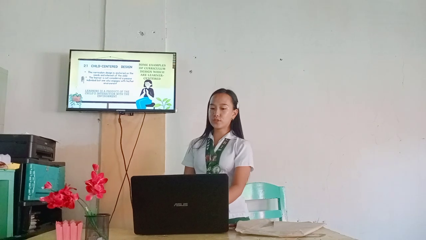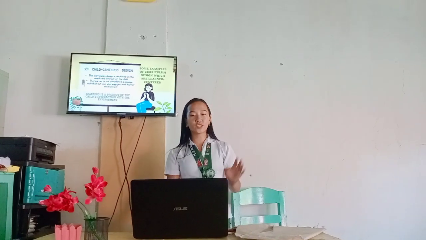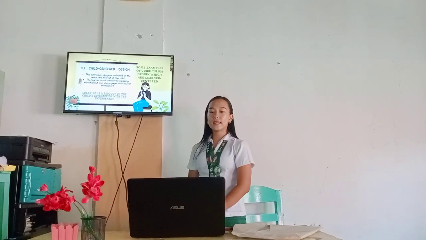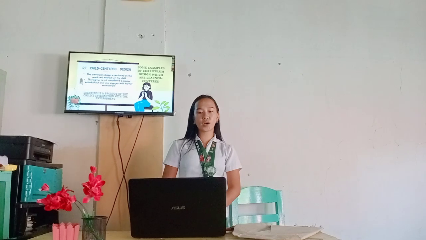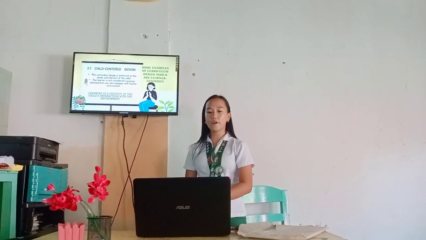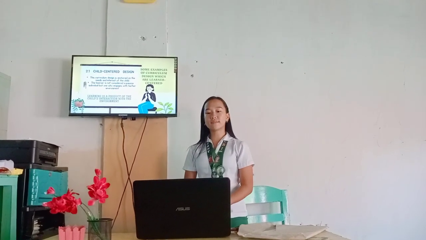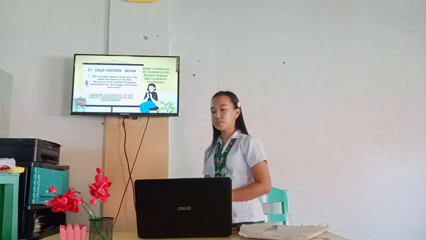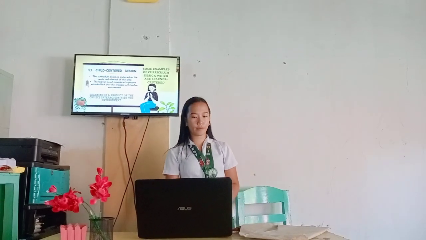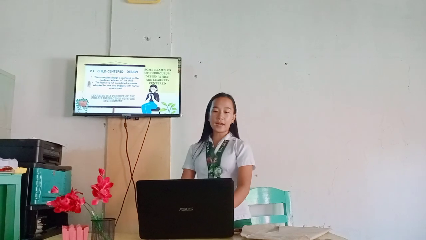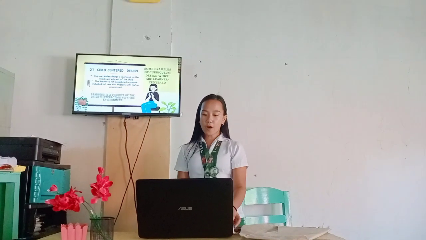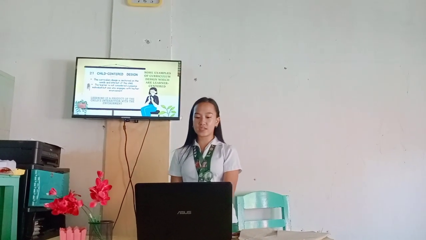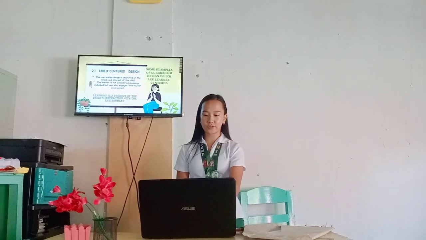So, first we have the child-centered design. This curriculum design is anchored on the needs and interests of the child. The learner is not considered a passive individual, but one who interacts with his or her environment. So child-centered design focuses on the individual needs, interests, and abilities of each child.